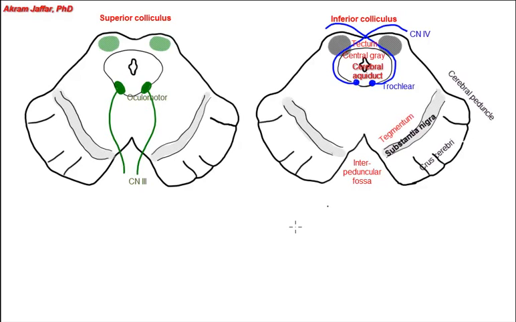The Crus cerebri contains descending tracts from the cerebral cortex. These descending tracts are arranged according to destination. The lateral ones are temporopontine fibers, and the medial ones are the frontopontine fibers. In between are the corticospinal and corticobulbar fibers.